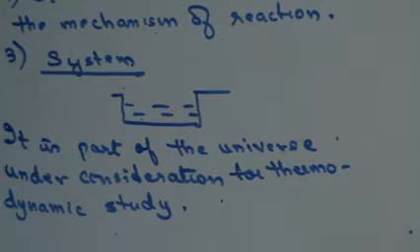Next, what do we understand by surrounding? Leaving the system, everything else in the universe is called the surrounding. The part of the universe under thermodynamic consideration is the system. Leaving that part, everything else forms the surrounding.